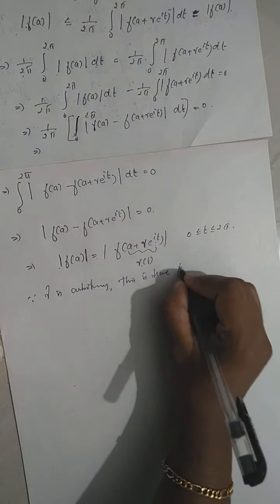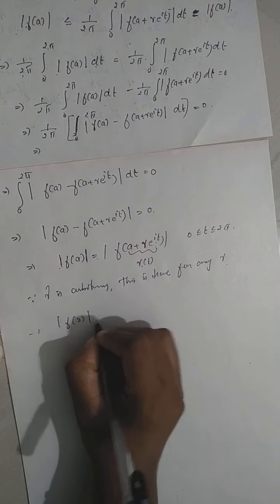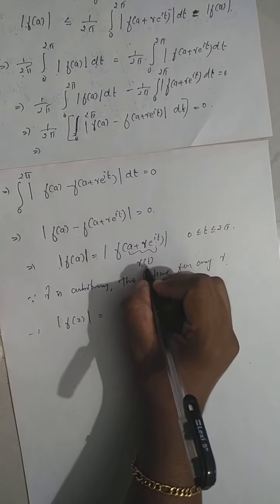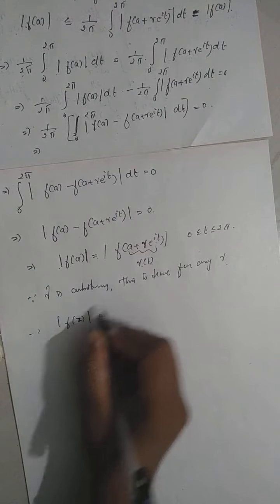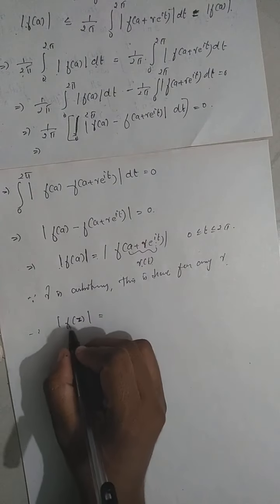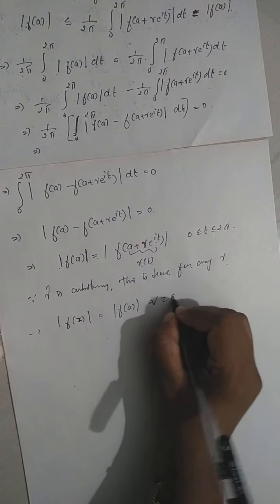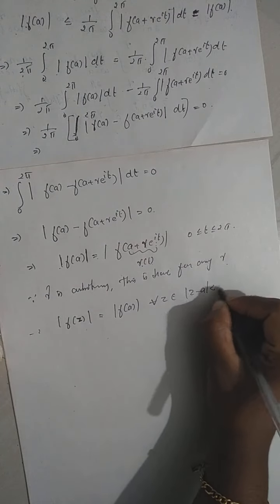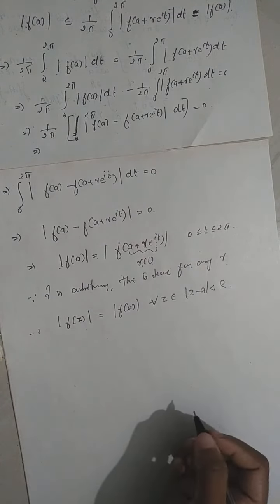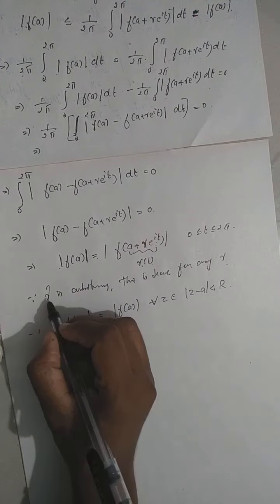Therefore, I can write modulus of f of z, instead of this gamma of t, I define z. This is true for any gamma and any number. Therefore, mod f of z will be equal to mod f of a for every z in the region mod z minus a is less than capital R. And this gamma is arbitrary and the radius is arbitrary. Here this radius is also arbitrary.